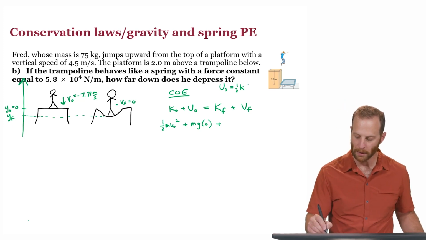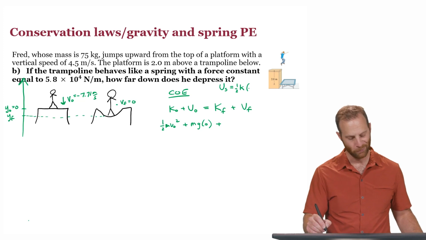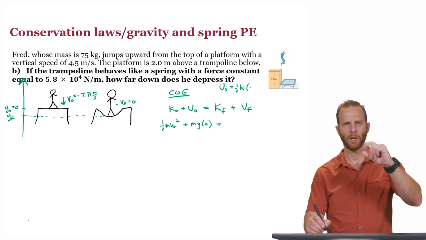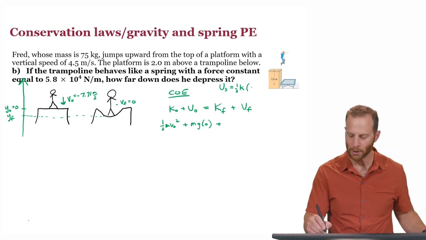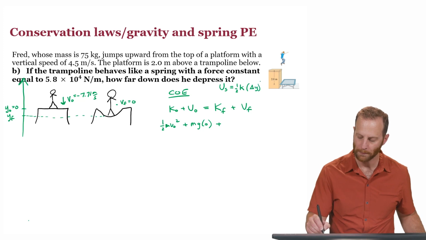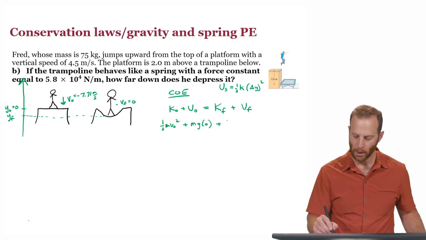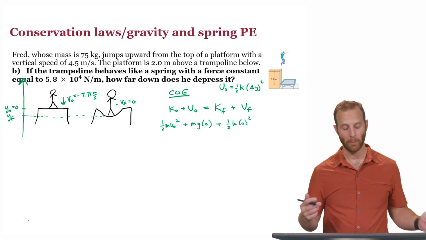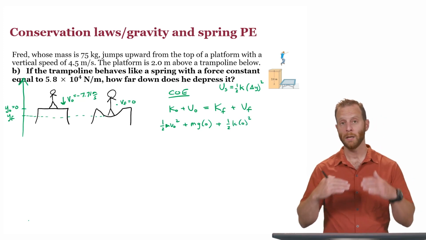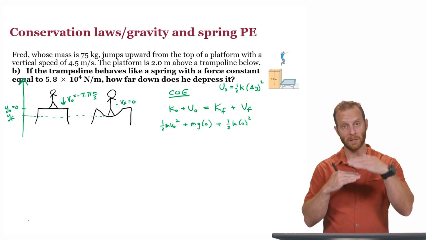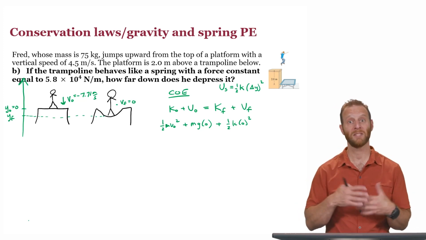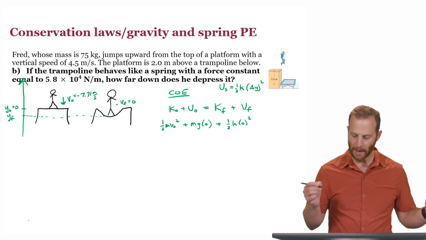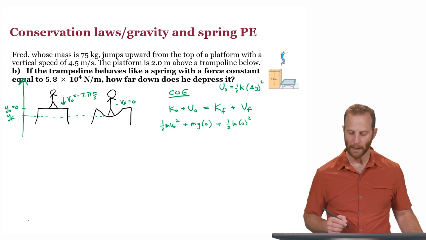Because we're talking about stretching and compressing in the y direction, I'll just call that delta y. So this term would be 1/2 times k times 0. It's actually 0 because at the beginning, the trampoline has not been depressed at all, so it hasn't been moved from equilibrium. Now, all that contributes to the initial energy.